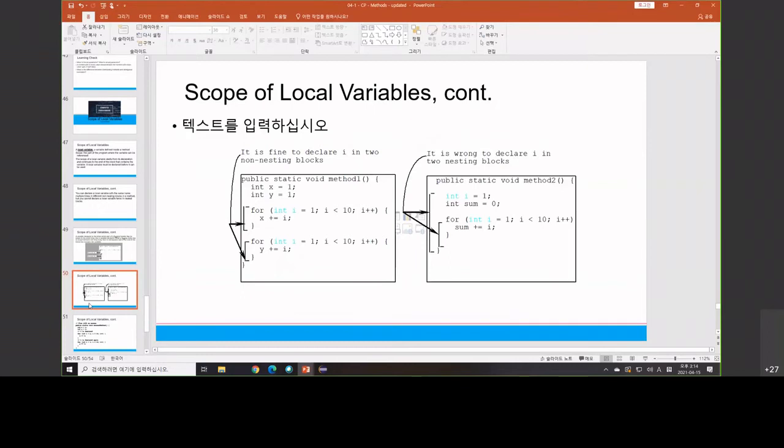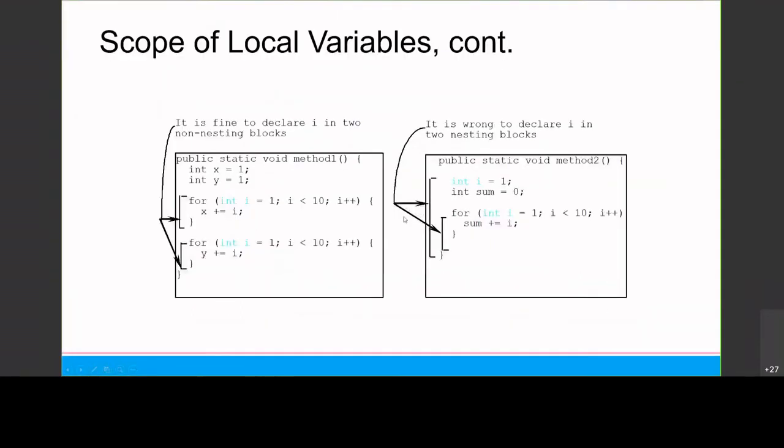So there's another example. When we have these local variables, we know that this is the variable I. We can define another I in a different for loop, because it is a different scope.